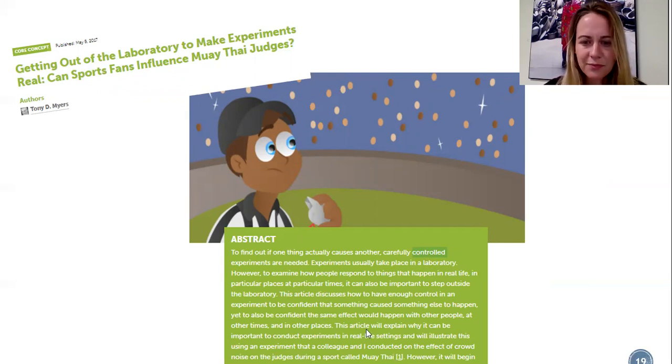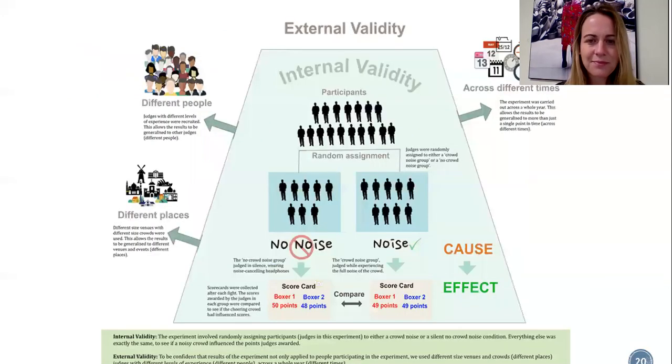They still wanted to do an experiment so that they could have enough control to be confident that one thing causes another, but they also wanted to design it in such a way that they could be confident that the same effect would happen if other people or contexts or places were tested. Let me show you what they did.